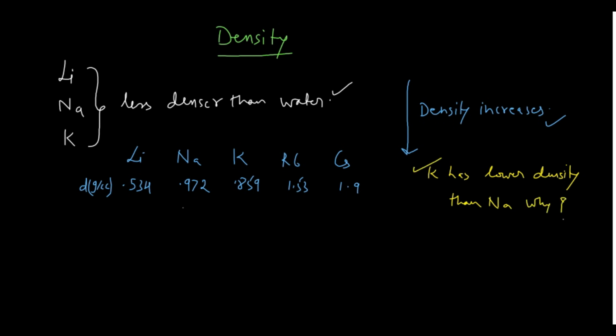The simple answer is that this is due to the abnormal increase in the volume of potassium. If you write the atomic volume, the molar volume, of these two, sodium and potassium, for sodium the value is 23.68 centimeter cube per mole, and for potassium it is 45.36.